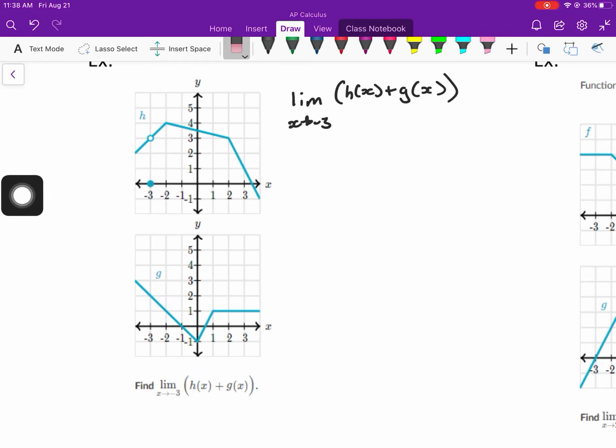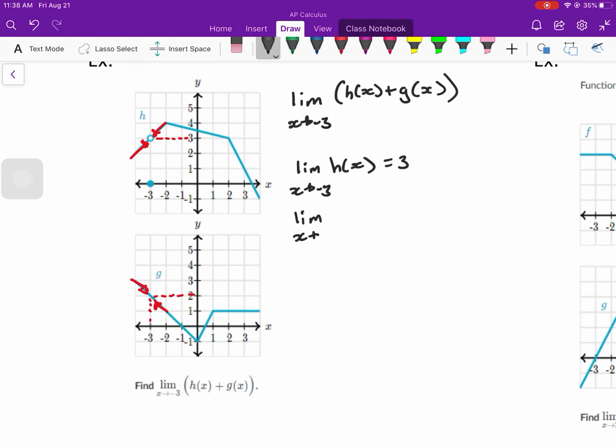The limit as x approaches negative 3 of h of x, that's this top one. As we approach negative 3, the limit is approaching positive 3. You see it on the graph, as we get close to negative 3, that y value is positive 3. And then same thing for g as we approach negative 3. You can see that our graph is approaching positive 2.